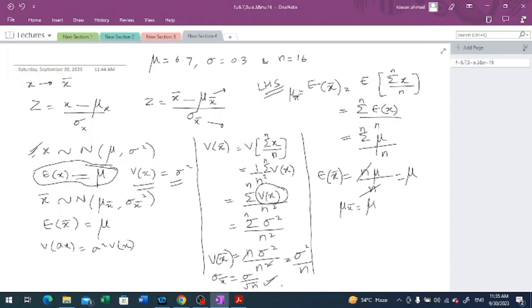Now, substituting these two results from 1 and 2 into this formula A, we get a new formula for z, that is z equals x bar minus mu divided by sigma divided by root n. Either this form we can use, or we can use this alternative form.